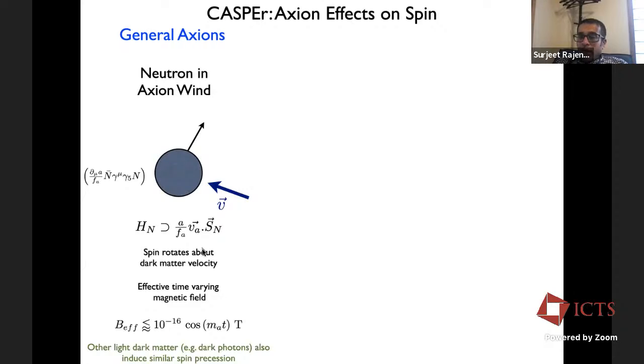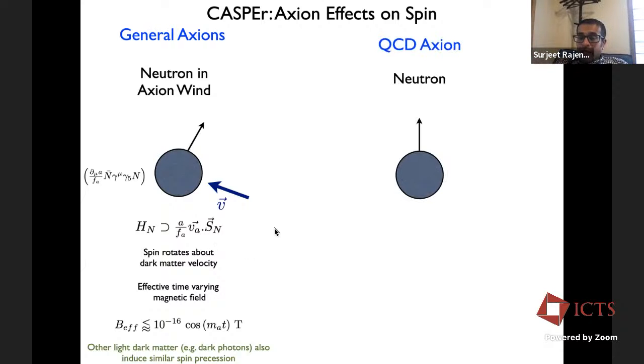Other kinds of dark matter interactions, for example, the standard model particle had, let's say, a dipole moment under the dark field, just like how a real magnetic field causes spins to precess, the dark magnetic field will also cause these spins to precess, and you can go and measure that.